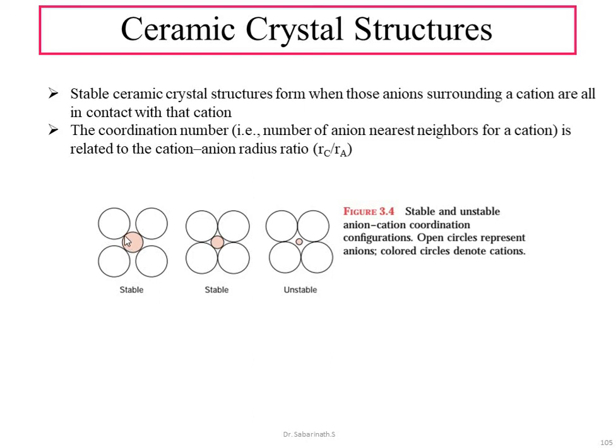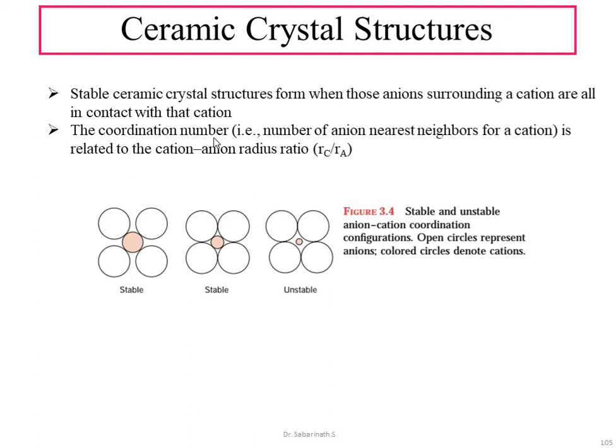Here the cation keeps all these anions together and binds them. Here also it binds together. But here there is no contact because the size does not permit it to come in contact. So this structure is somewhat unstable, and the other structure is more stable.